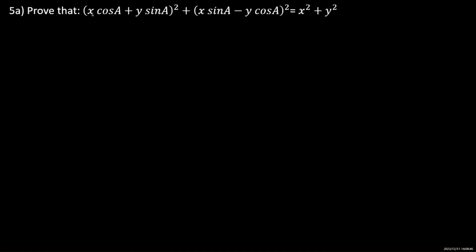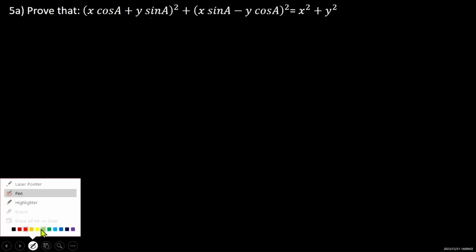First one is (x cos A + y sin A) whole square plus (x sin A - y cos A) whole square equal to x square plus y square. Let's take its LHS, left hand side.